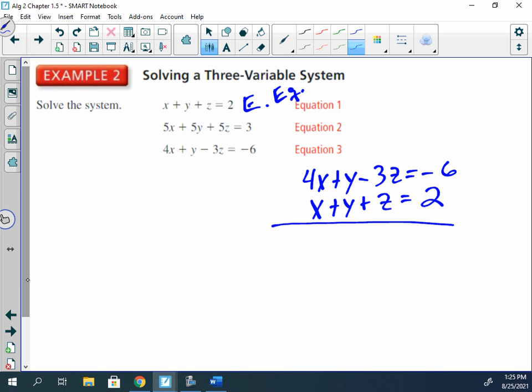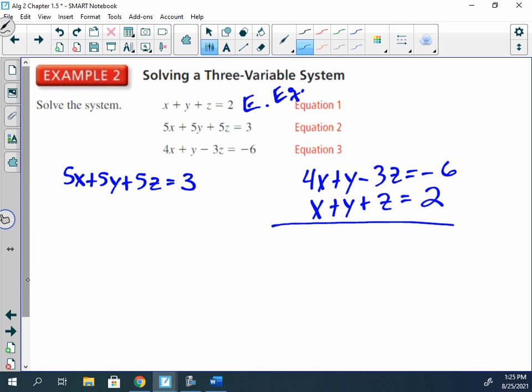We don't have to do anything to it, so we can go on and put it down. Now, since this one's already set up, ready to go, why don't we go on and do the elimination for it, eliminate y, and then we'll look at the other one.